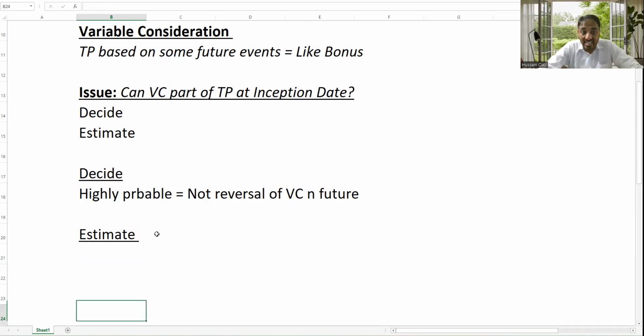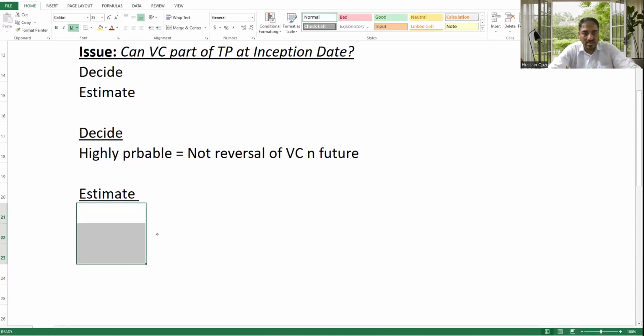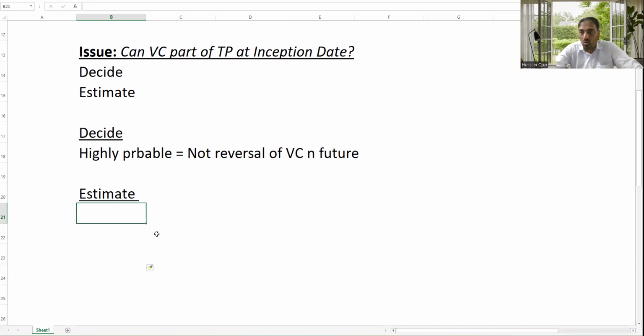The next point is estimate. How to estimate? There are 2 points with respect to estimate.